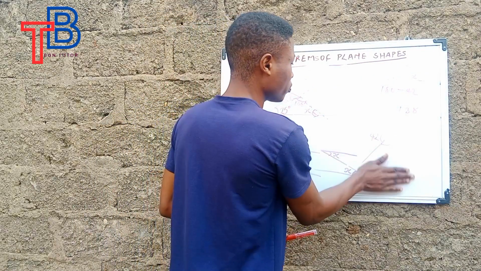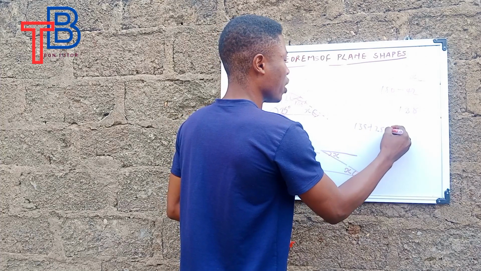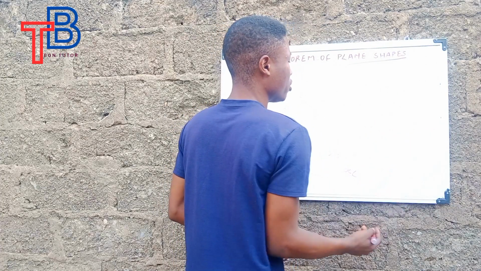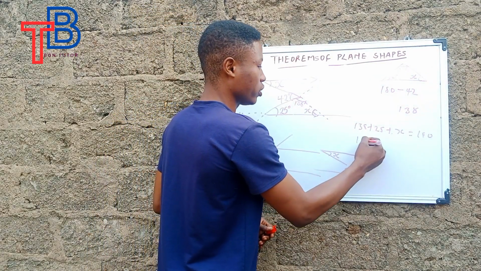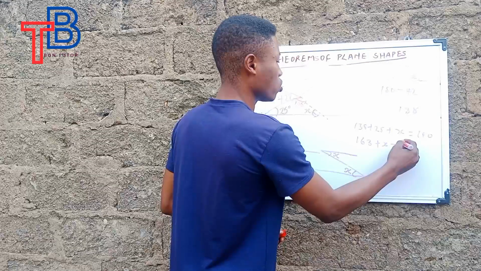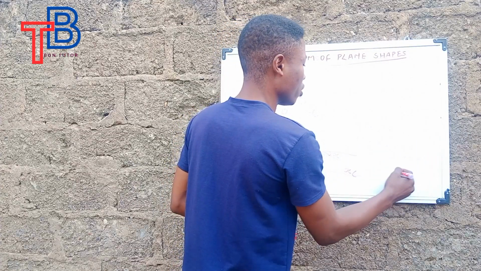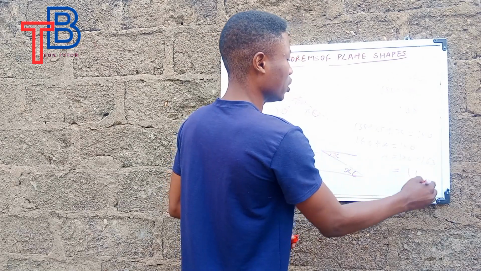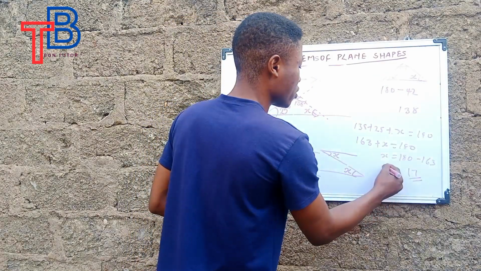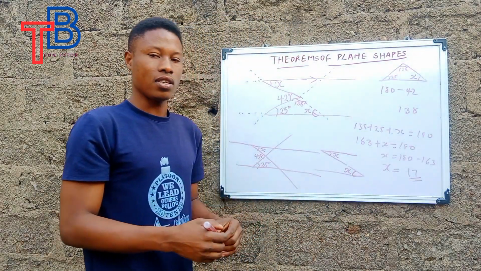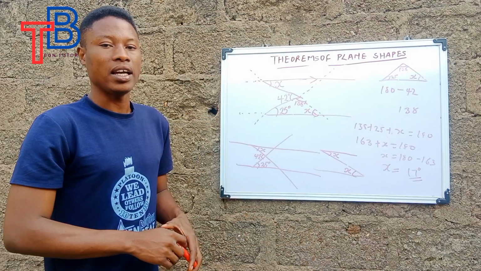That is, you have your 138 plus your 25 plus x to be 180, and 138 plus 25 gives you what? 163 plus x equals 180. Your x equals 180 minus 163, which is actually 17, which means your x is 17 degrees, and that's simply the answer.